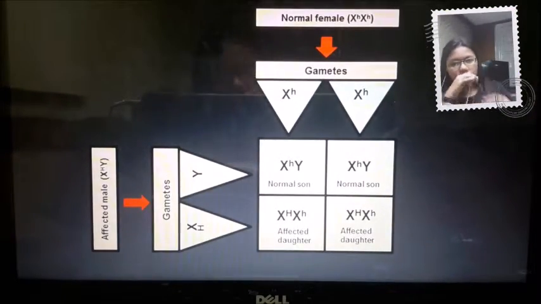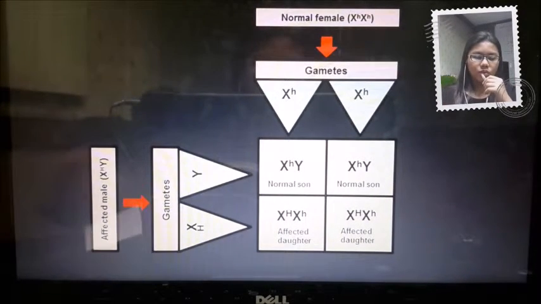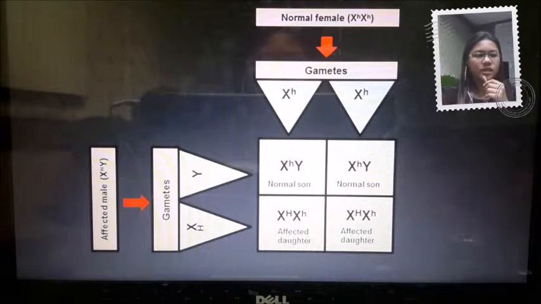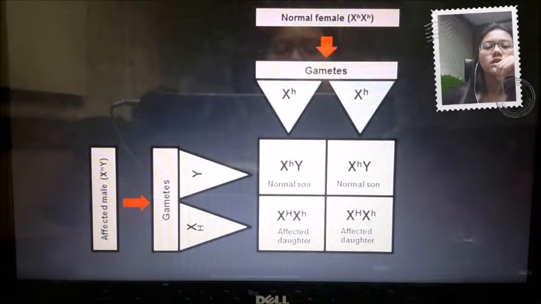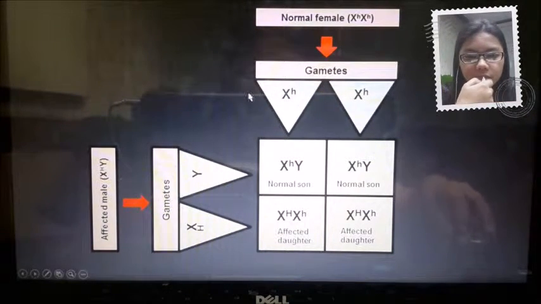Here is the Punnett square to show how X-linked dominant inheritance happens. This is a normal female and an affected male.